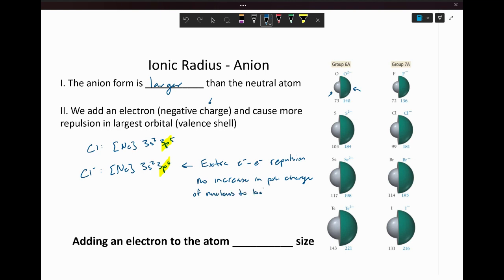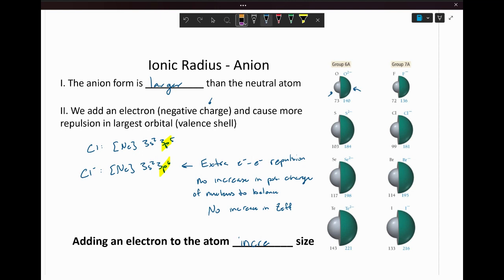Another way to say this is that there's no increase in Z effective. Z effective hasn't changed as we go from left to right here, and so we're not able to pull in that additional electron any further. So, in short, adding an electron increases the size of an atom.